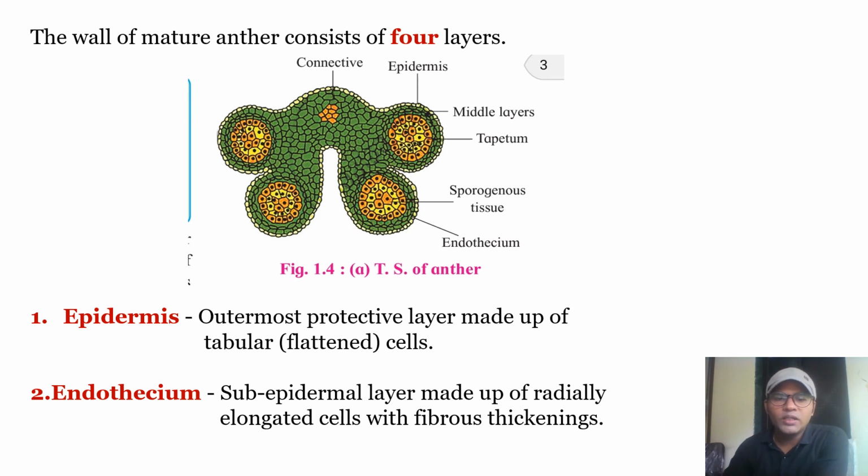First wall layer is nothing but epidermis. It is the outermost single layered structure in which the cells are flattened or tubular, and it carries the role of protection. They are protective in function. Now this epidermis is followed by the second layer called endothecium. It is a subepidermal layer.